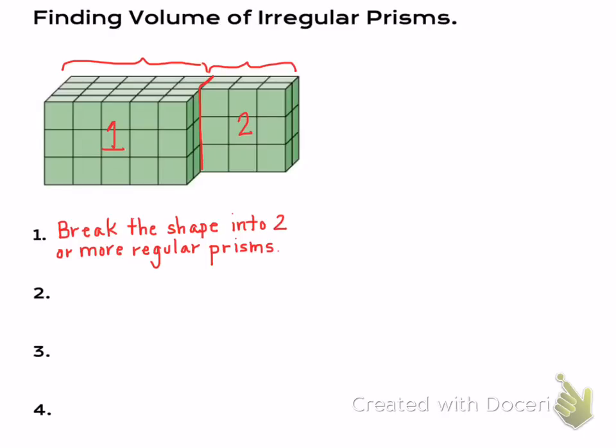So now that I've done step 1, I've broken the shape into 2 separate pieces. Step 2 is to find the volume of one of the shapes.